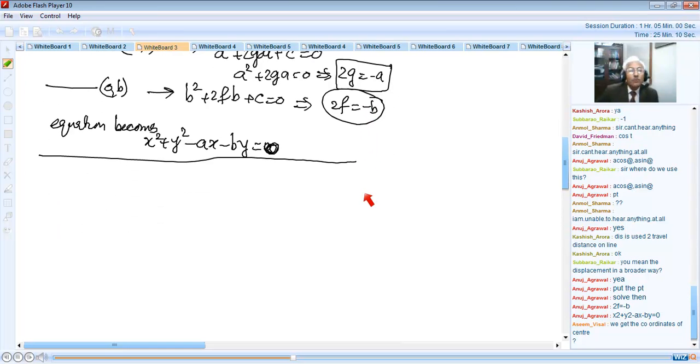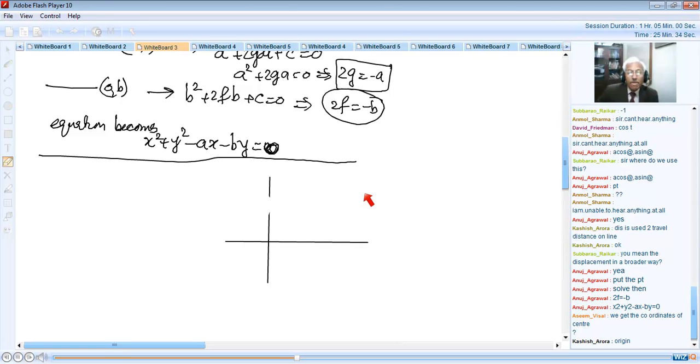This is the y-axis and this is the x-axis, they are at right angles, and the circle passes through the origin.